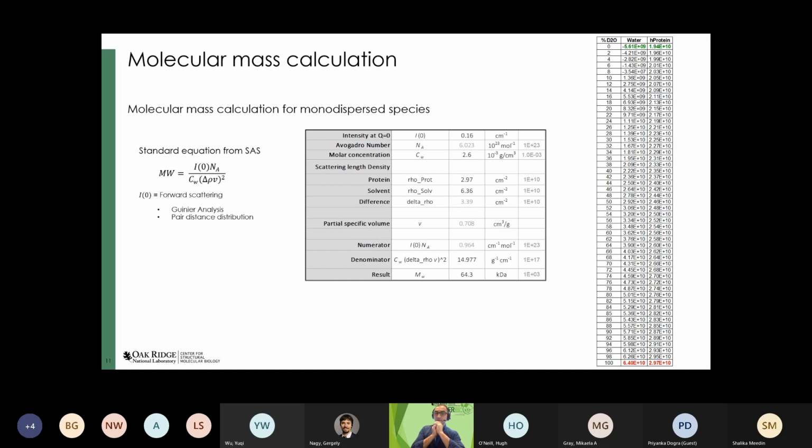Make sure you have the right factors in your calculation as well. We can discuss that later as well. So the molecular weight is less than what you would expect for a monomer based on the amino acid sequence? Yeah, that's right. Okay, I think we'd have to have a look at your data to see what could be going on there. Thank you.